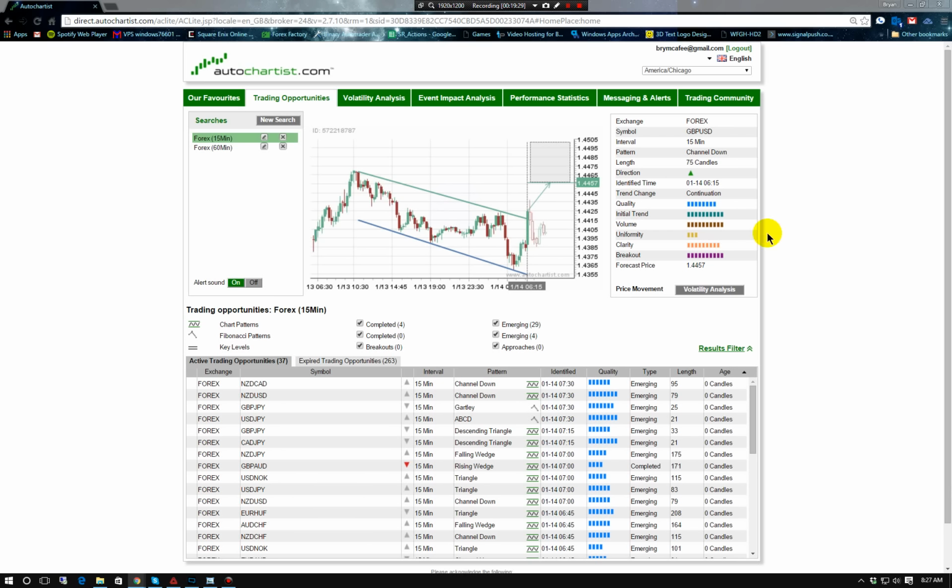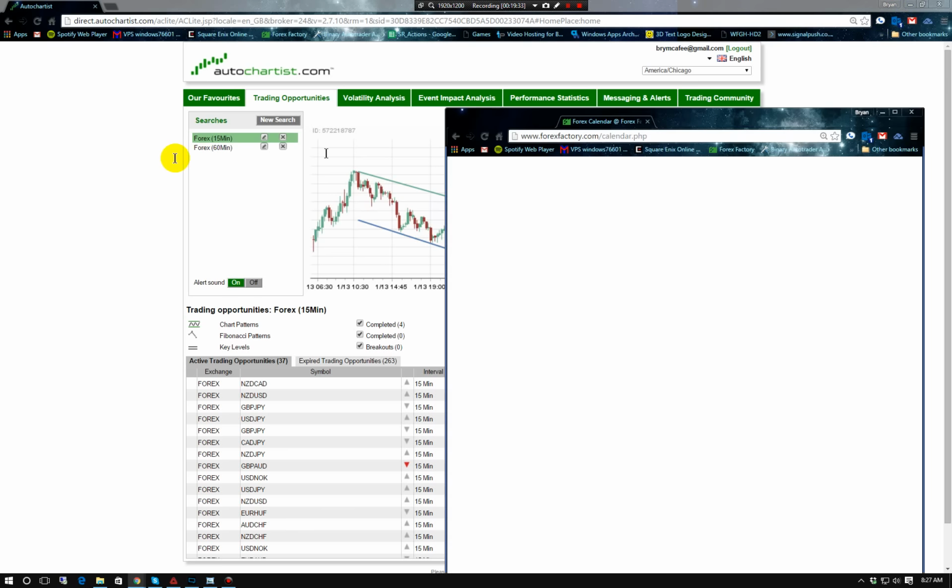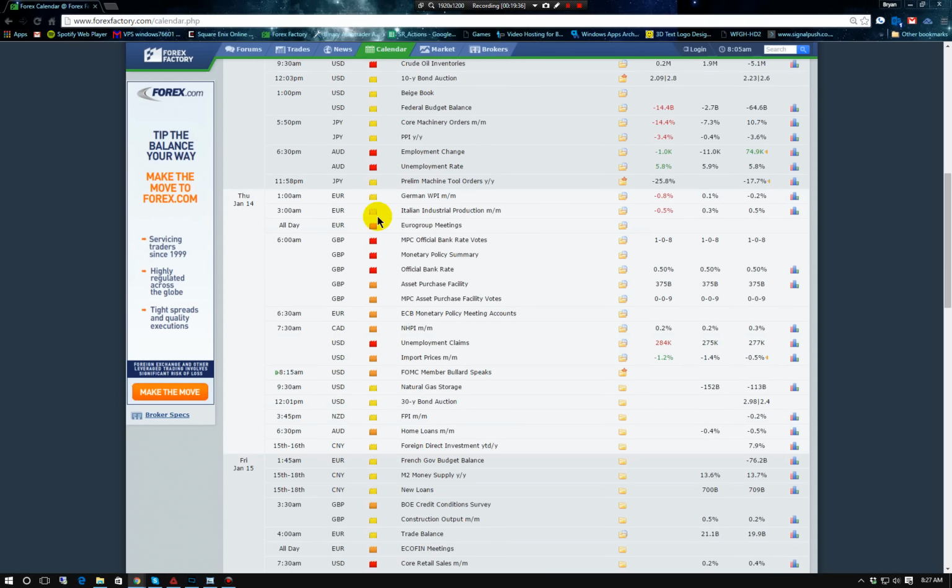The reason being, I got one email saying USD unemployment for today, but if we actually look at the news calendar, it had a lot more than that on it for today. So the news side of it, with alerts for news that's coming, is very weak. I would not count on it for messaging and alerts, anything like that. Stick to an MT4 indicator that alerts you when news is coming, and your Forex Factory calendar.